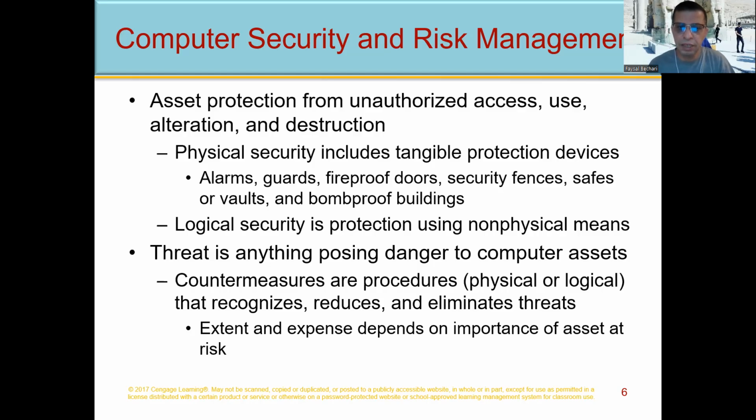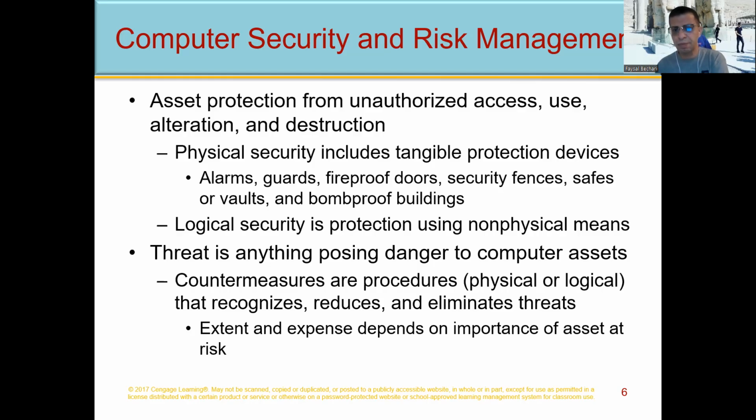So the threat is anything posing danger to computer assets, not only software or hardware. The countermeasures, which you can do physically or logically, recognize, reduce, and eliminate threats, like risk management.